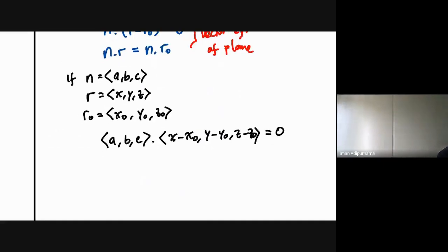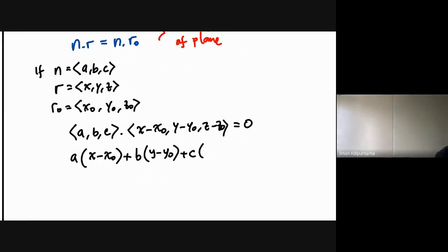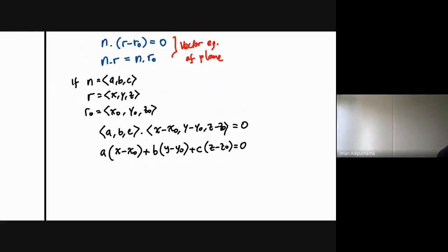We can write it in terms of the result of the dot product: A multiplied by (x minus x0), B multiplied by (y minus y0), and C multiplied by (z minus z0) is equal to 0. So this is called the scalar equation of the plane.